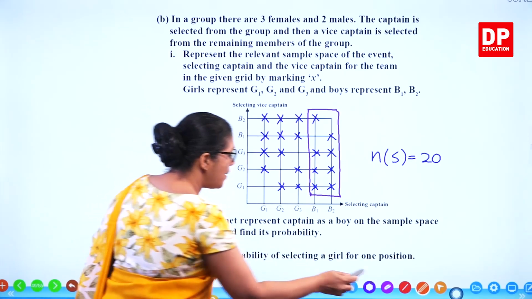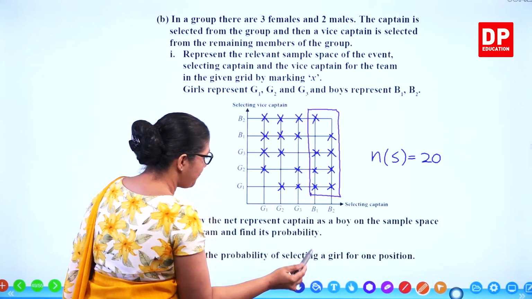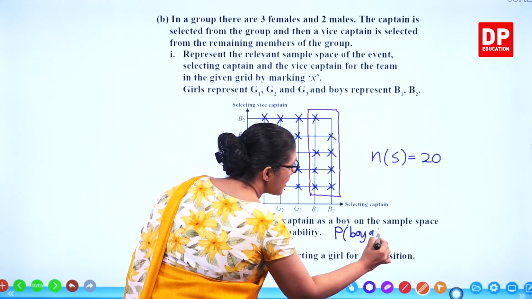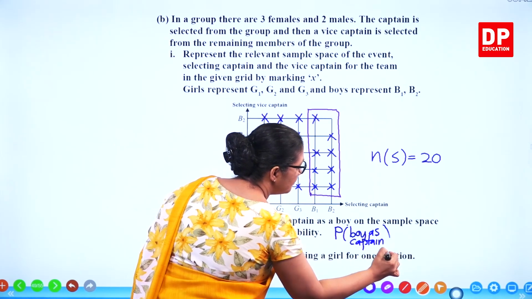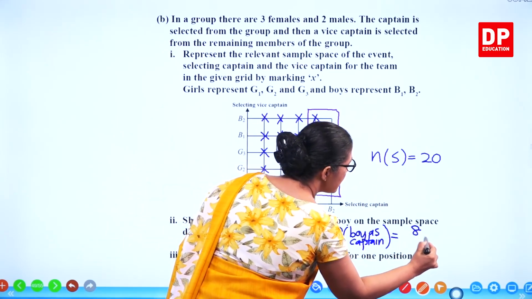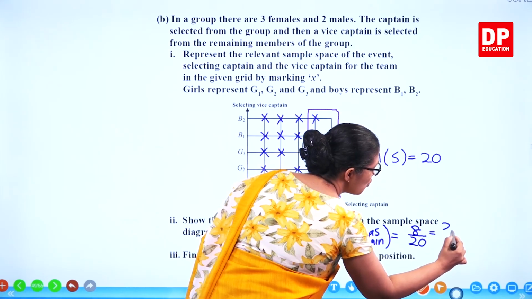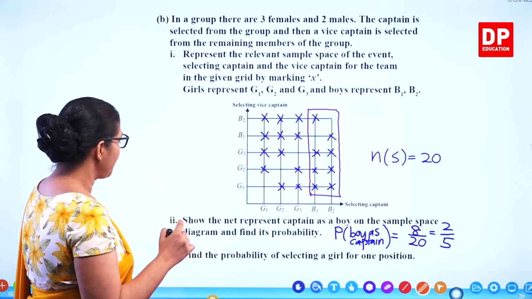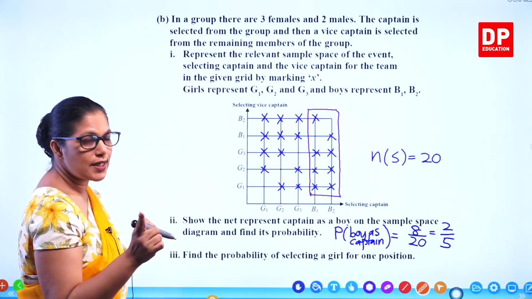So what's the probability of selecting a boy as the captain? Probability of boy as captain, 8 possibilities out of 20. 4 times 2, 4 times 5. So 2 over 5.